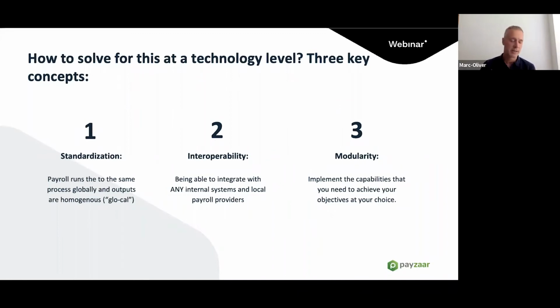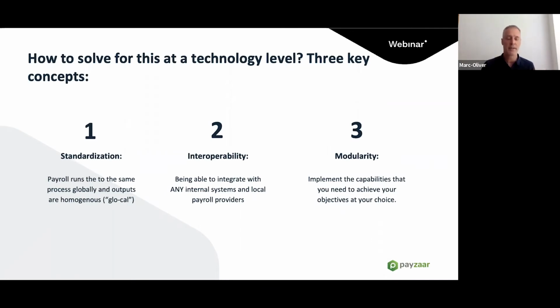All these fundamental requirements of operating a good, healthy, effective payroll function are quite consistent, quite common across different jurisdictions.